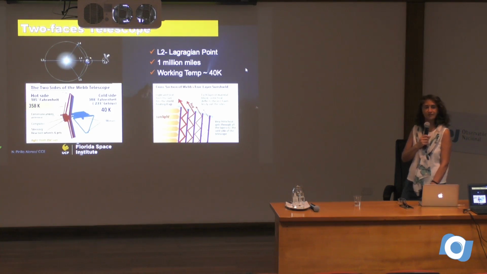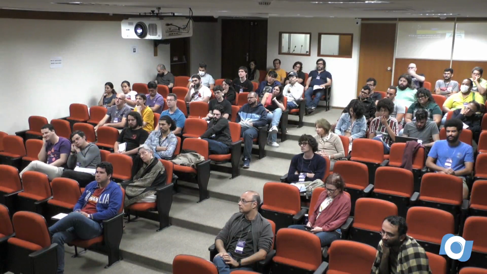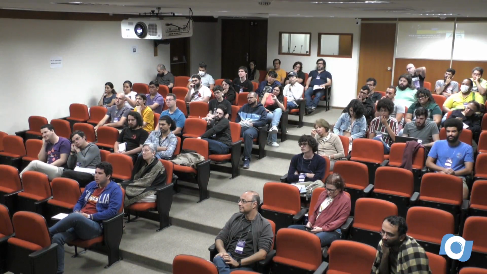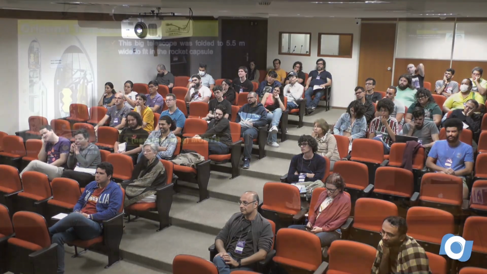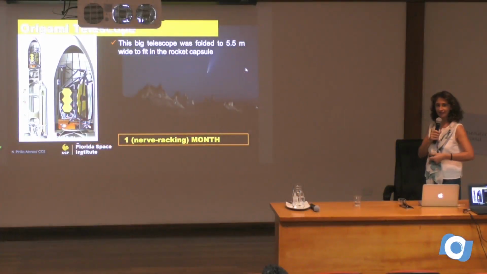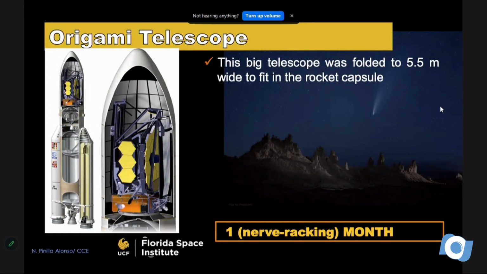And now we know that it's working. When I first gave these talks, it was all like, we hope it works. So I was telling you before how you cannot launch the telescope as it is now. It's an origami telescope. You have to put it in a very small capsule, so fold it up to 5.5 meters wide inside this capsule.